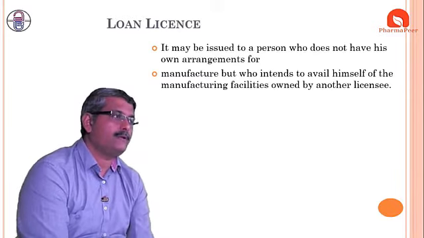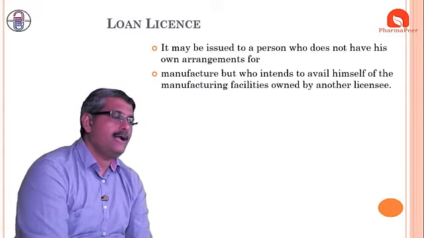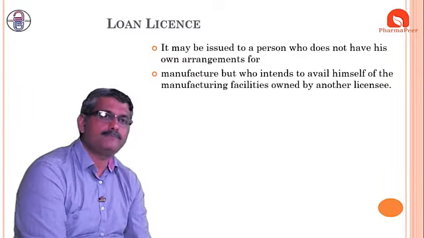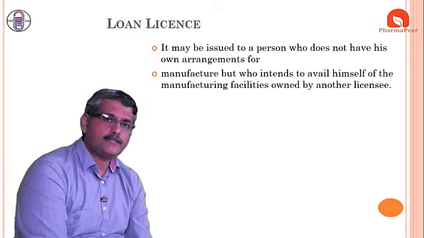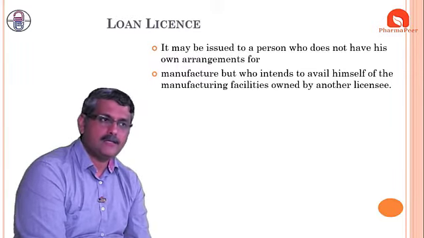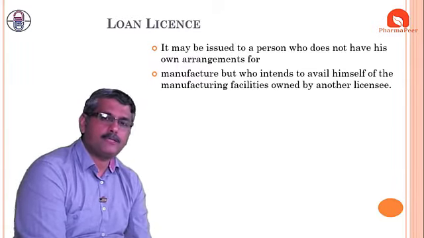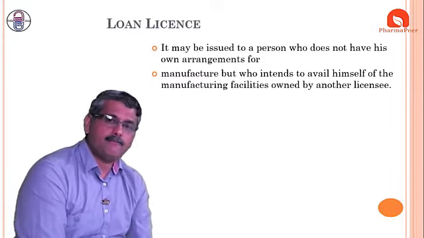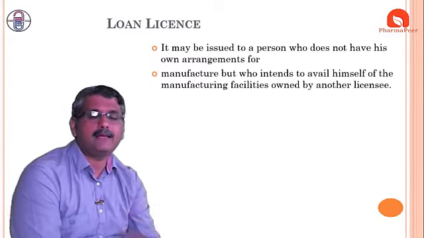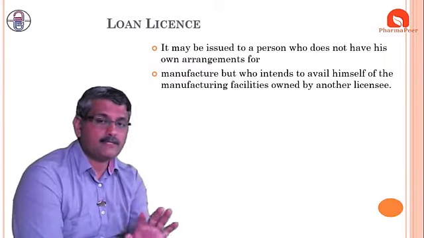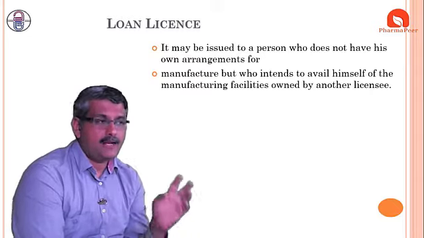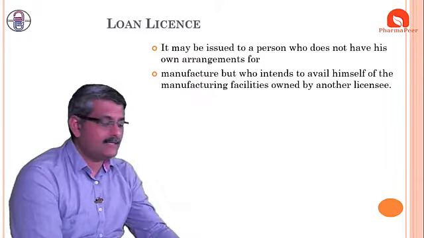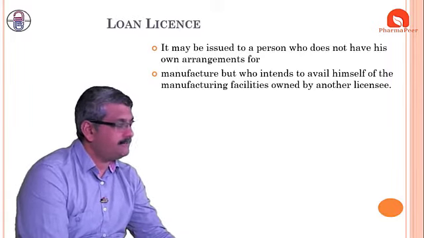Suppose Cipla is a big company, and XYZ company is there at the local level. He is interested in manufacturing, but he doesn't have his own facilities. So he will approach Cipla, and he will provide the facilities he has, and if some additional facilities are given by Cipla, then they can manufacture the medicine for Cipla. If such conditions are fulfilled, then under the loan license, he will get a license.